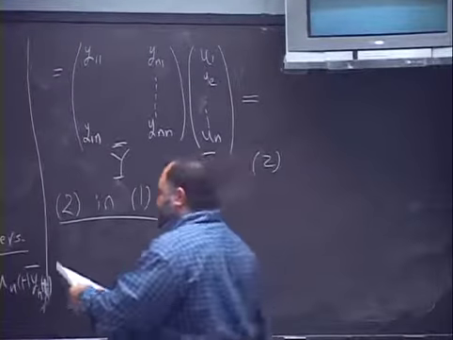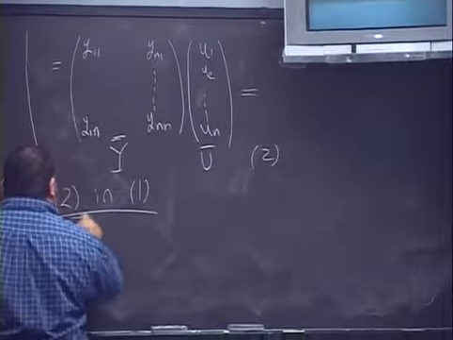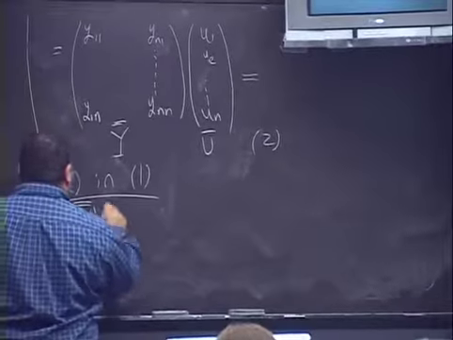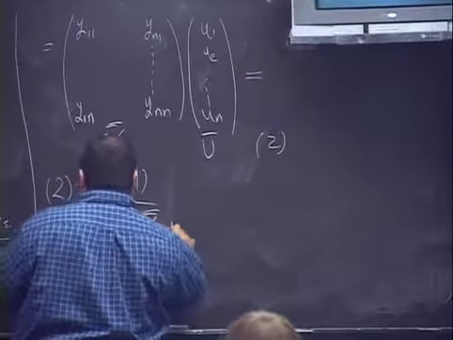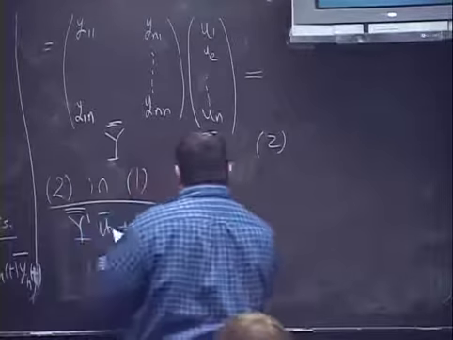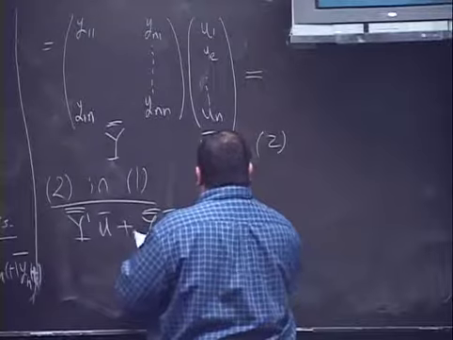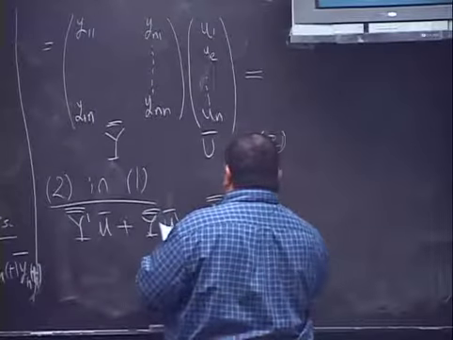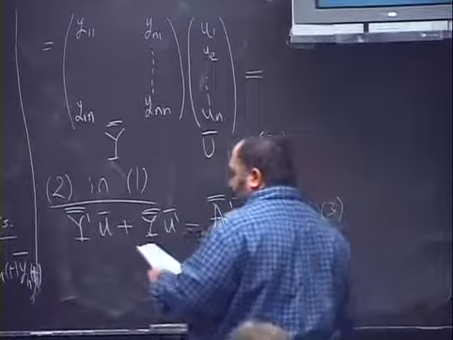So once you substitute it, you will have what? You will have Y prime U plus Y U prime, and this is equal to A Y U plus g, and we'll call it equation number 3.